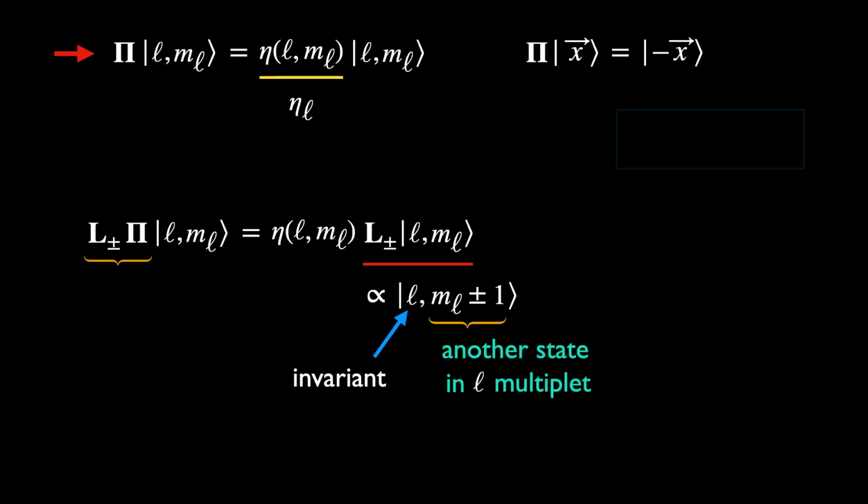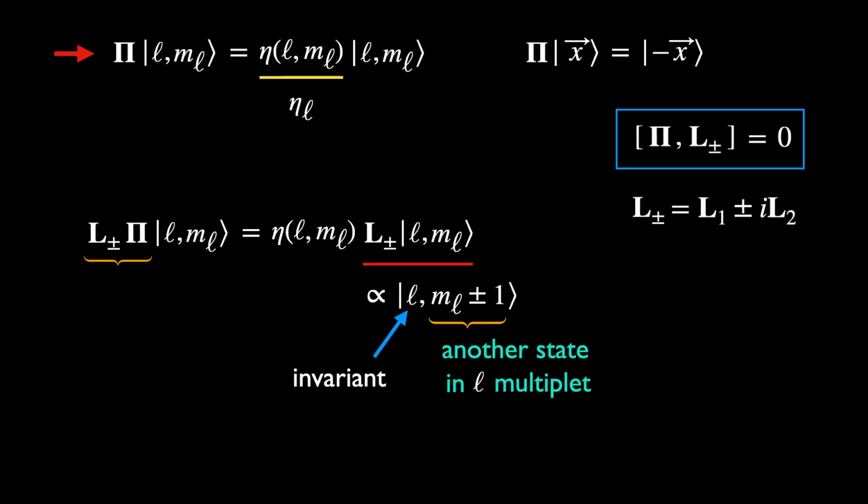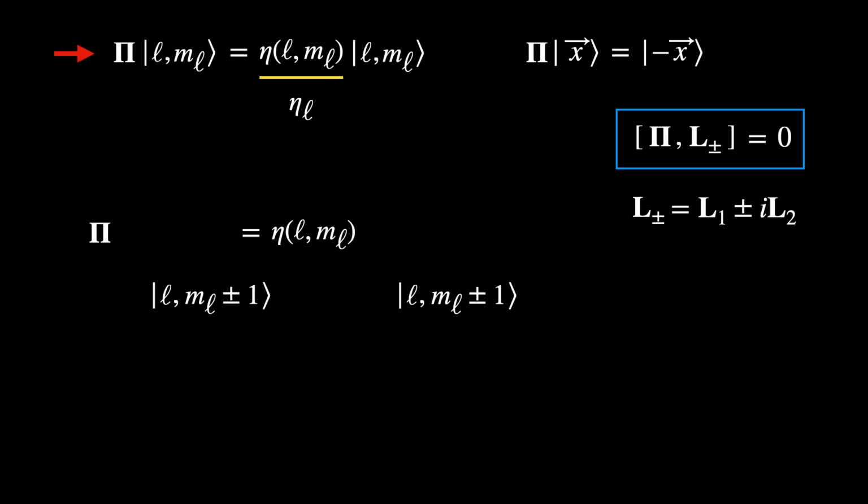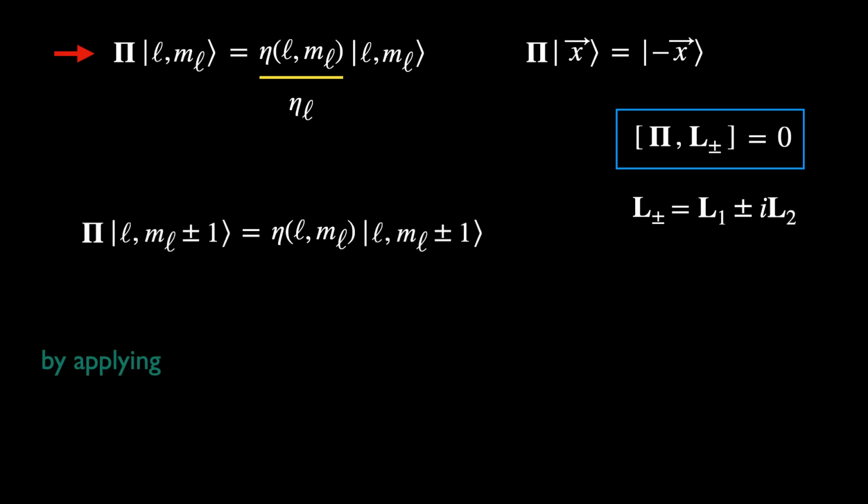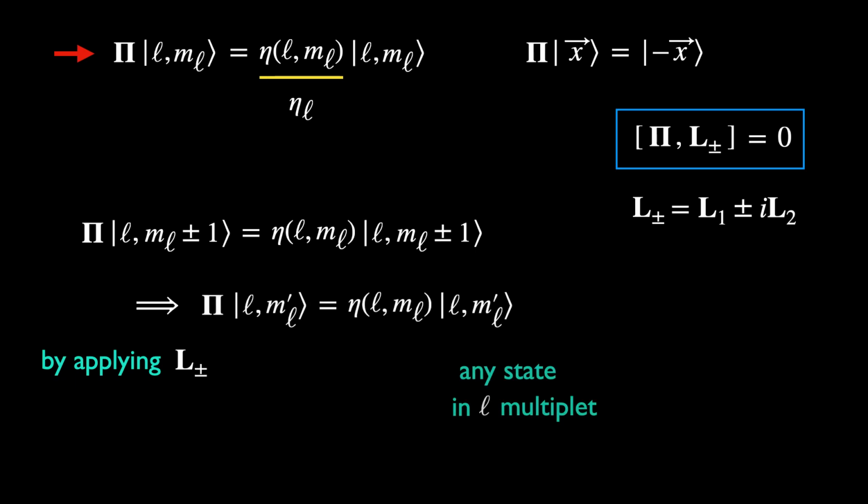On the left-hand side, we can use the fact that pi and L commute. By applying the ladder operator, we could get to any state within the L multiplet. And all these states must share the same parity, eta, which means eta must be independent of the quantum number m, although it could still depend on L.